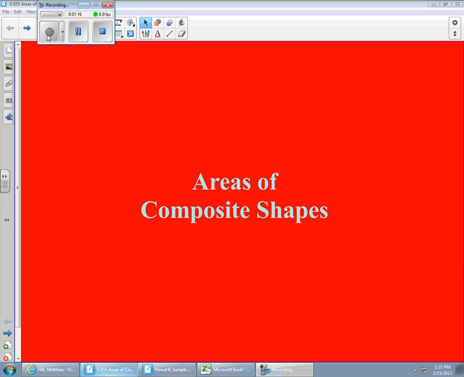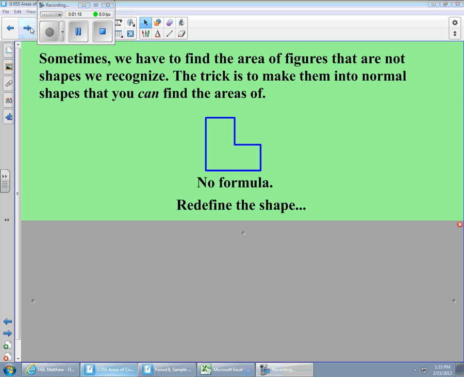Okay, all right. So today, area of composite shapes. Now obviously sometimes we have to find the area of figures that are not the typical type of shapes that we recognize. The trick, if you even want to call it a trick, is to redefine what the shape is, especially if we don't have any language for the shape. We want to figure out a different way to describe it so that we can comprehend what type of shape it is.